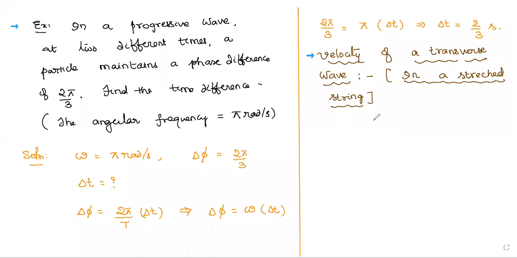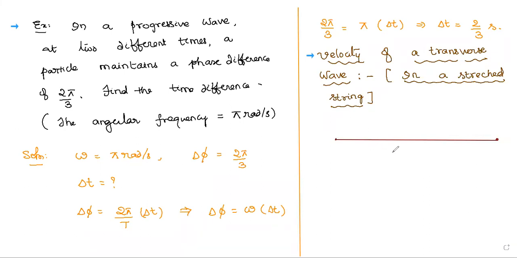Then look here. Suppose this is a stretched string, like the piano wire or guitar wire, between 2 points, stretched, and here it is plucked, vibrated perpendicular to the stretched string, so that it tries to vibrate up and down. Up and down means this is a transverse wave.